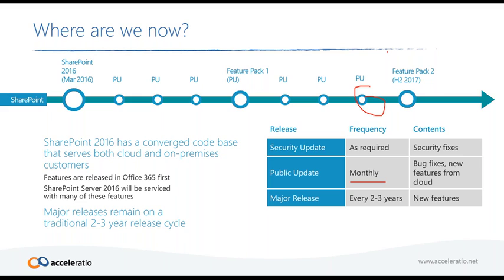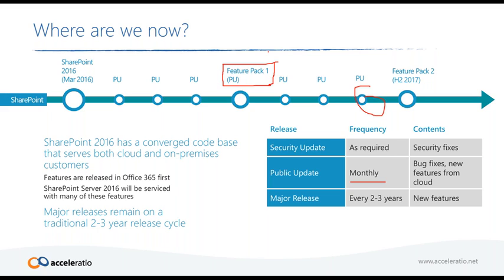What's new in SharePoint 2016 when it comes to release cycles is something they call a feature update or feature pack. For the last couple of releases, from SharePoint 2007 to 2016, we haven't seen many features being shipped in between major versions. You would have to wait for a new version to get something like a new business feature.